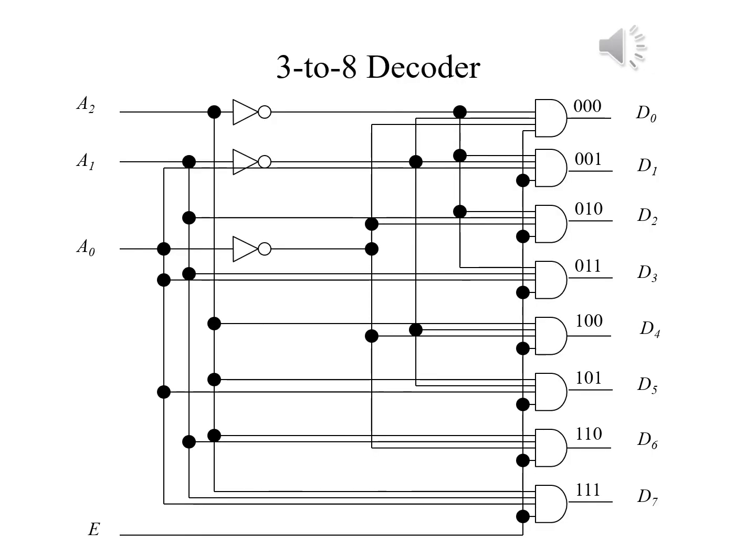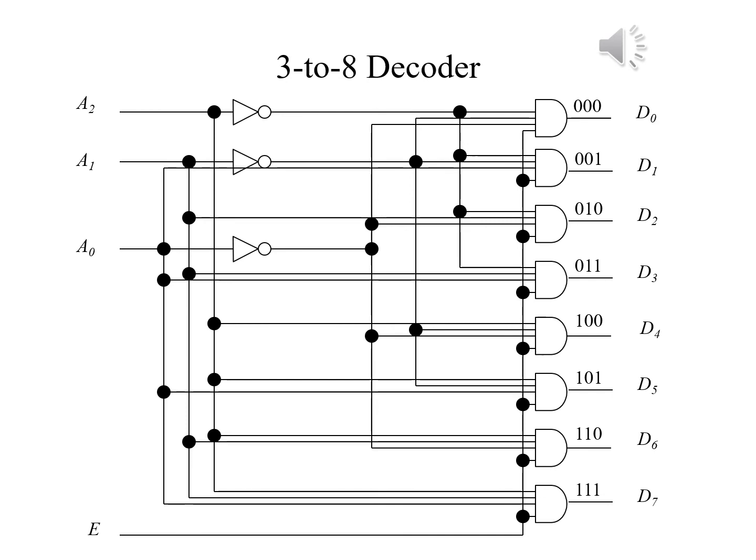Here you see the circuit diagram for a 3 to 8 decoder. You'll see that A0, A1, and A2 are all split between normal and complemented forms, with A2 prime going to D0, D1, D2, and D3. A2 going to D4, D5, D6, and D7.